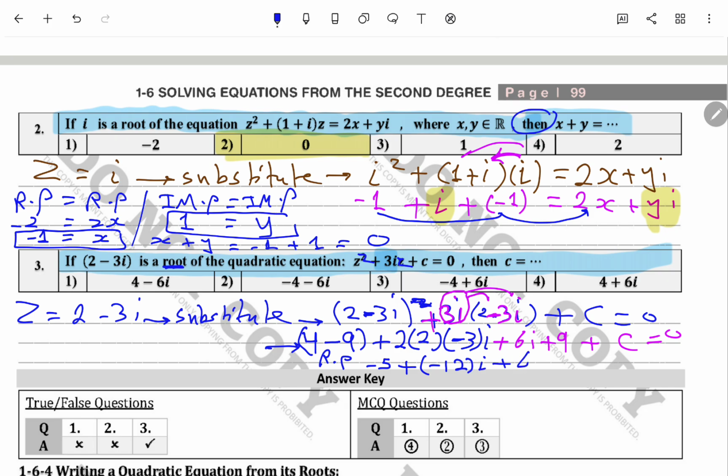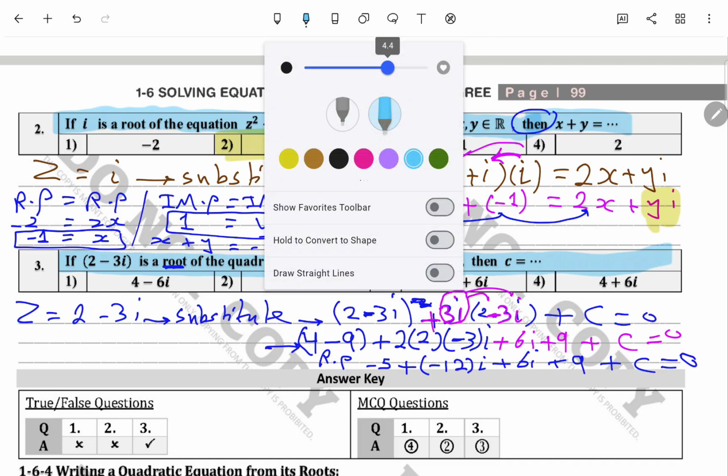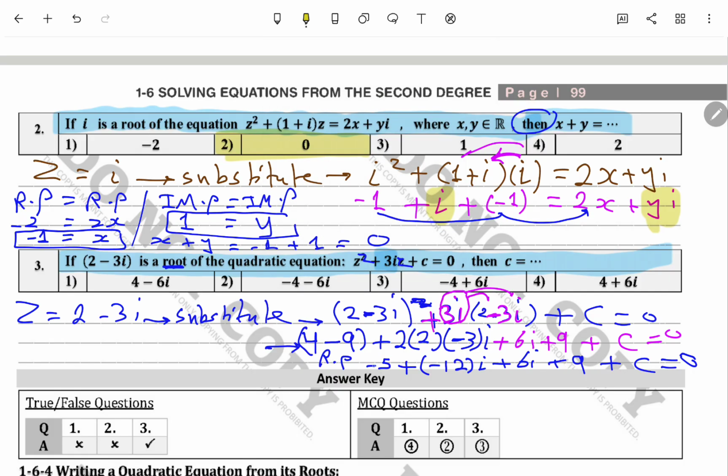And then plus 6i plus 9 plus c equals 0. Let's add the real parts together and the imaginary parts together. The real parts, which have no i, are negative 5 and positive 9. Together we can subtract them, and that will give you 4.